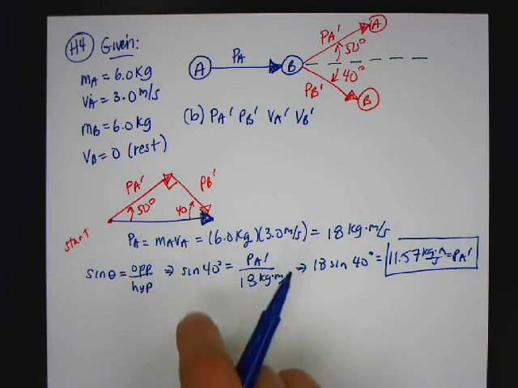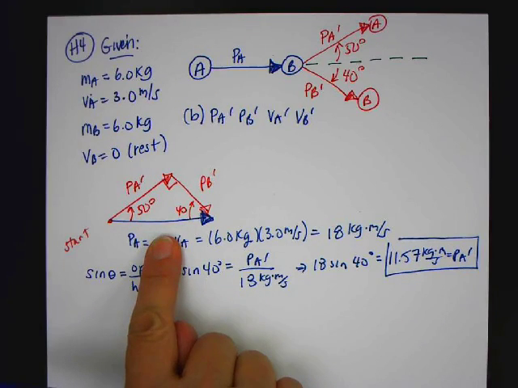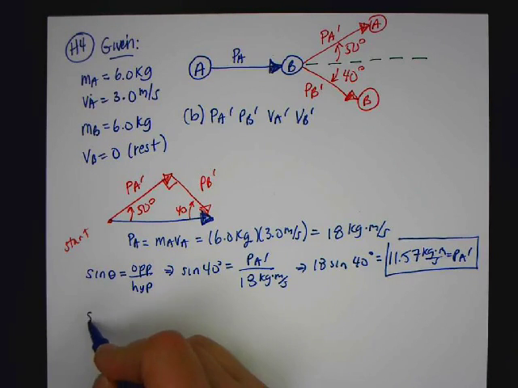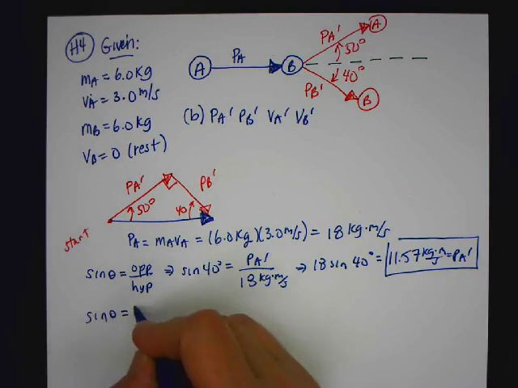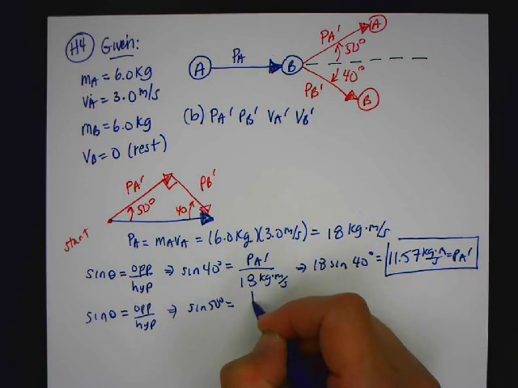So now I want to find PB prime. There's more than one way to do it. If I have the hypotenuse of the right triangle on this other side, I could use Pythagorean theorem. I could use cosine. Or you know what? Maybe I'll use sine again. So sine is equal to opposite over hypotenuse. So sine of 50 degrees is equal to PB prime over 18.